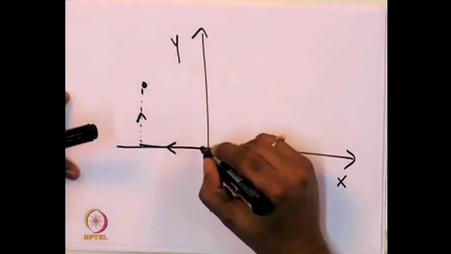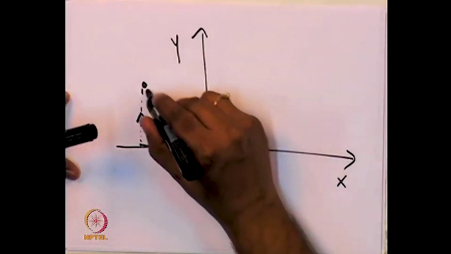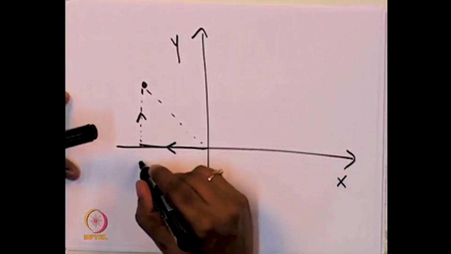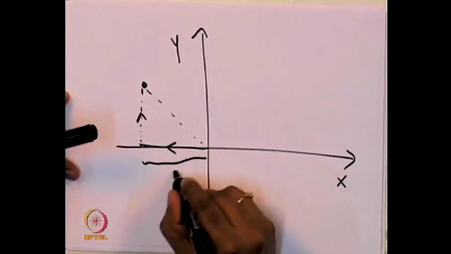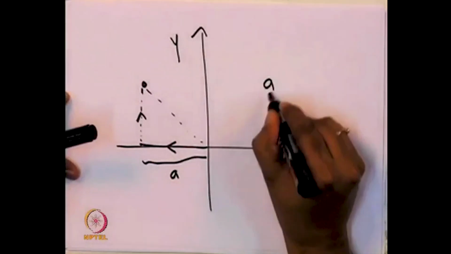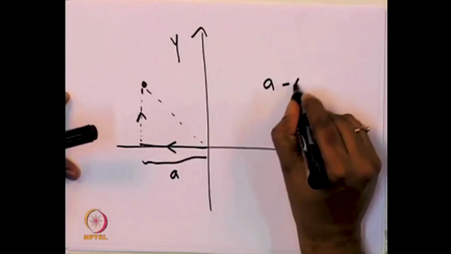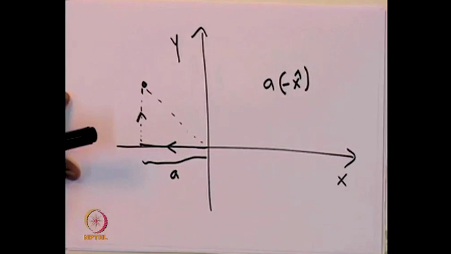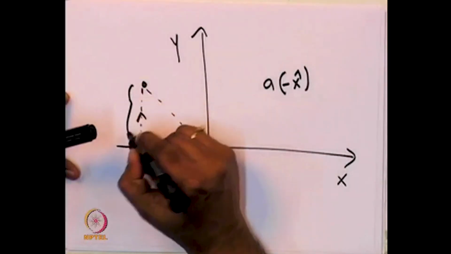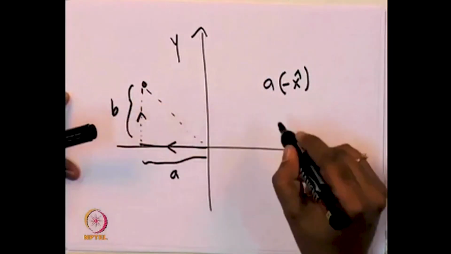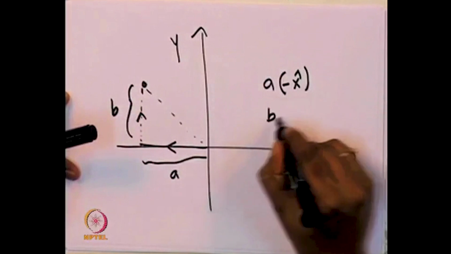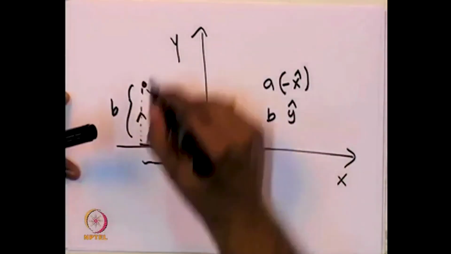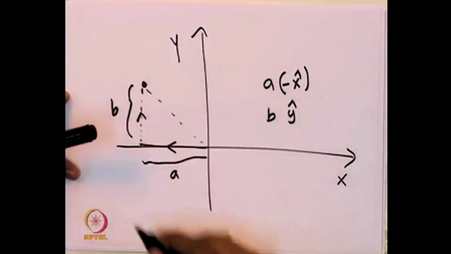First you travel this way, some distance, let us call this distance A. So, A distance you have to go along the minus x axis and you have to go B distance along the plus y axis.